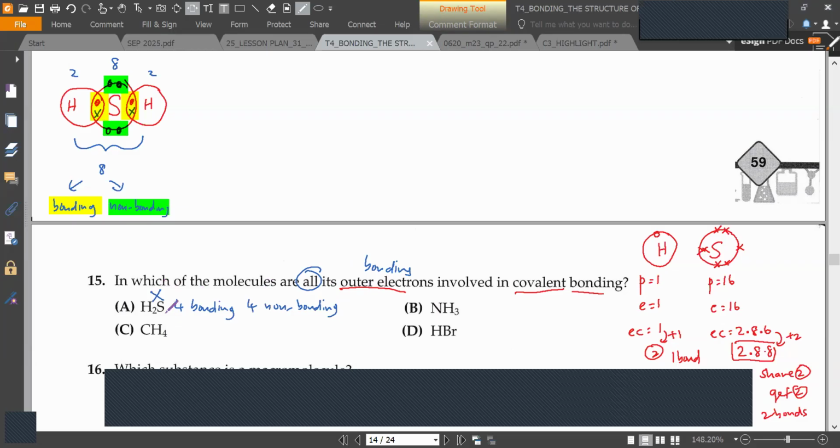How about NH3? So just now we already did this example. Nitrogen and hydrogen, it will go like this.